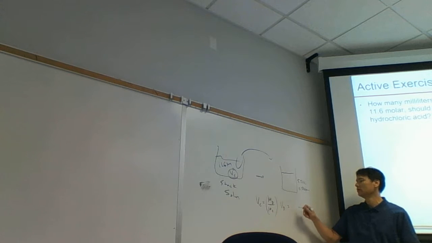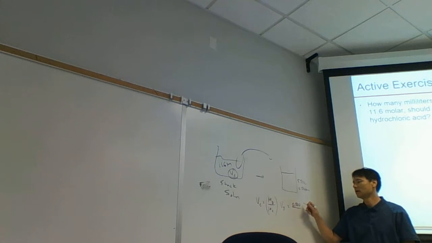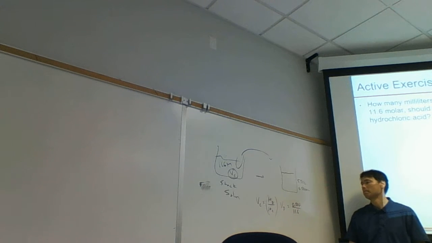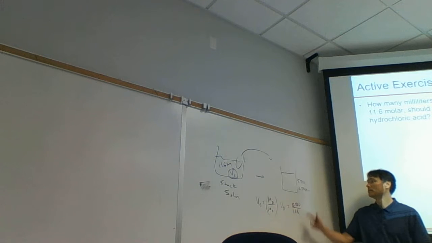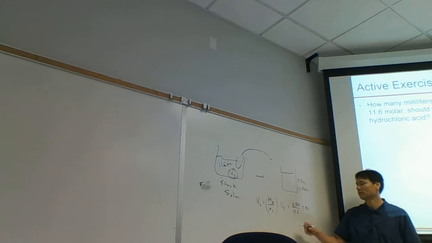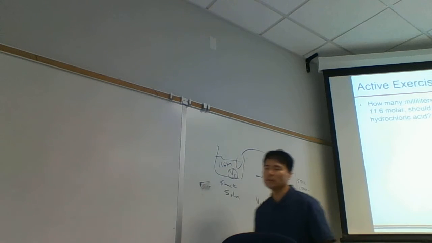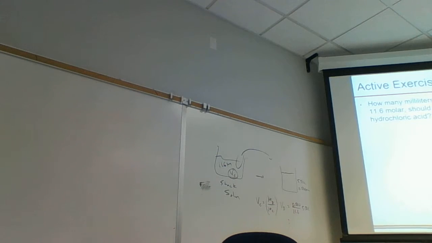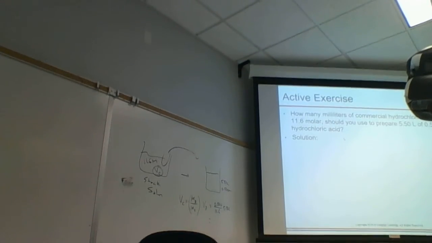The molarity of the dilute is 0.500. The molarity of the concentrated is 11.6. Times the volume of the dilute, which is 5.5 liters. So the molarities cancel. We're left with 5.50 liters. Let's see what they get in the book here.